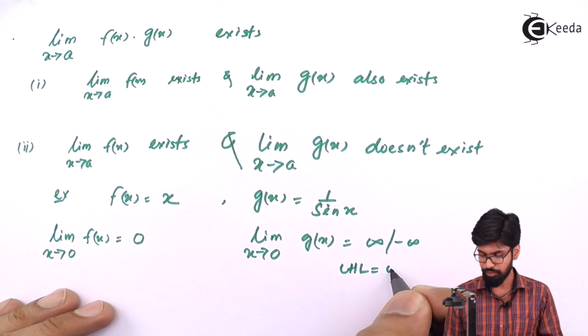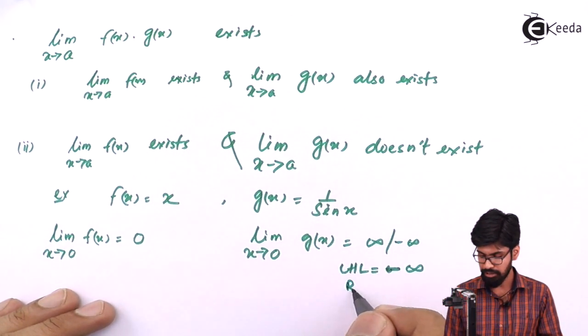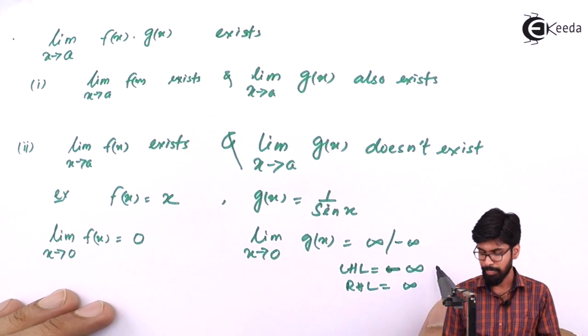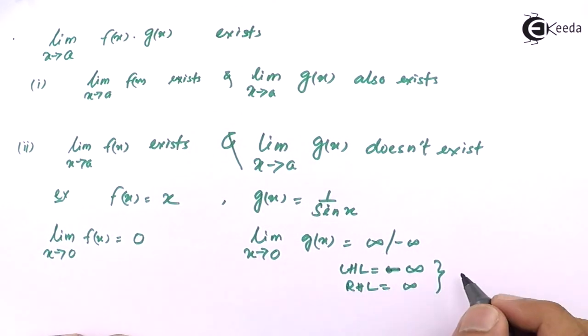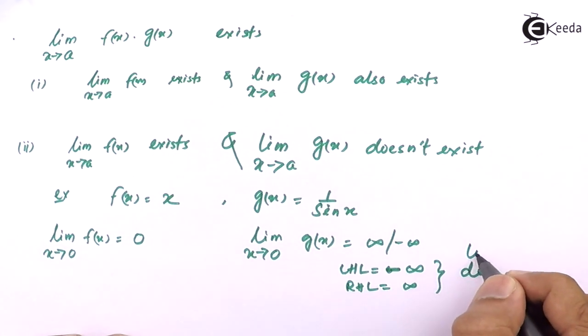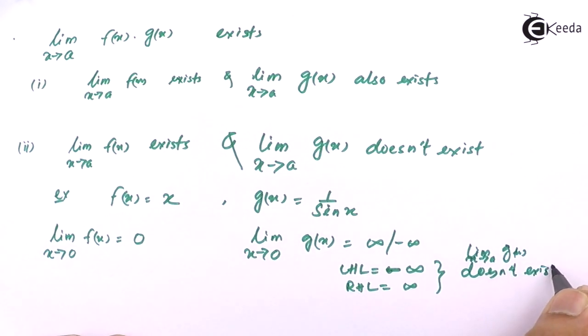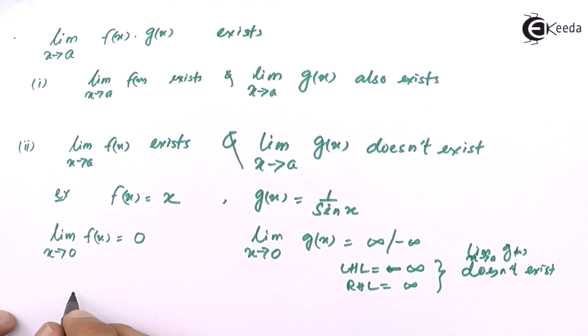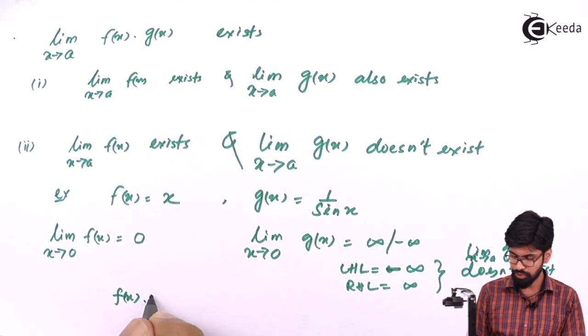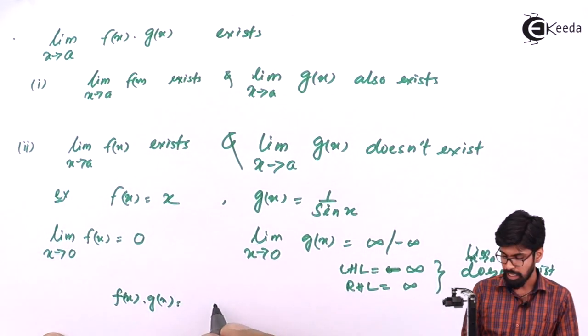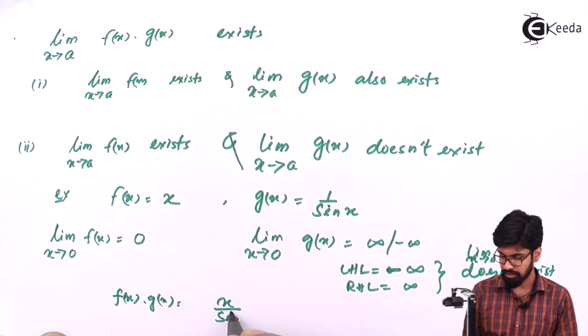LHL equal to minus infinity and RHL equal to infinity. That says the limit of this does not exist. Limit when x approaches a g of x does not exist. But product of them, that is f of x into g of x, which is x upon sin x.